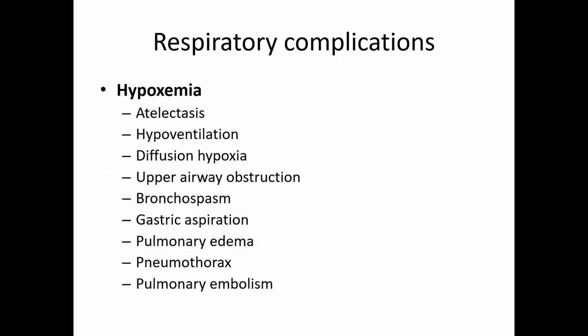This usually is because of atelectasis, which can happen if someone had controlled ventilation intraoperatively, or hypoventilation because of the effect of the drugs that have been given, like opioids, which can cause respiratory depression, or diffusion hypoxia if you use nitrous oxide intraoperatively. Upper airway obstruction may be because of secretions, or laryngospasm due to stimulation of the glottis when the secretions touch the cords.